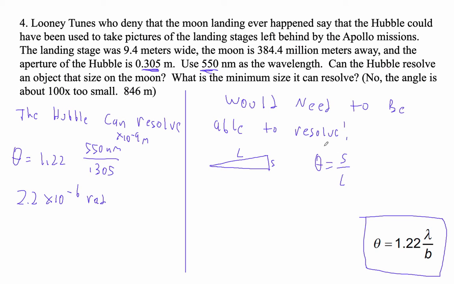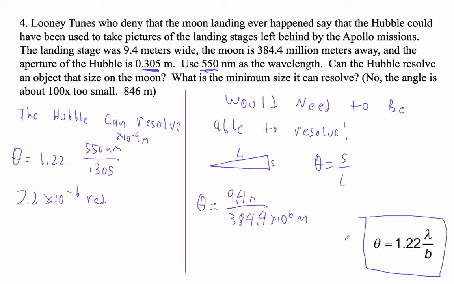So for this object, the angle we would need to be able to resolve is 9.4 meters at a distance of 384.4 times 10 to the 6th meters. That's not looking good.